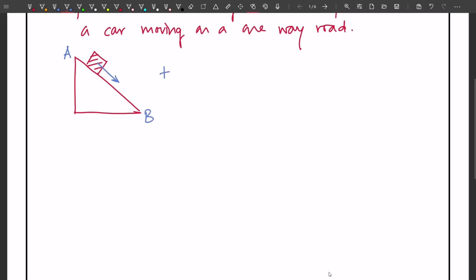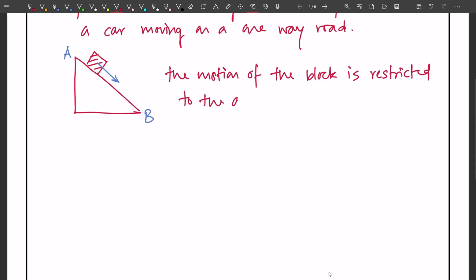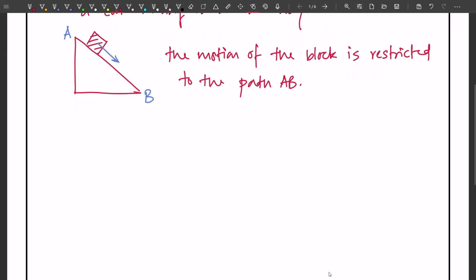So the motion of the block is restricted to the path AB, and hence it is a restricted motion or constraint motion.